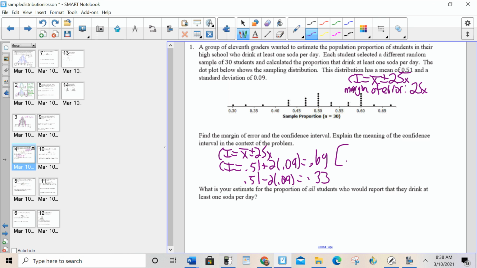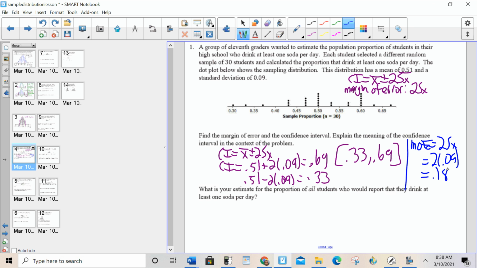So the confidence interval is 0.33 to 0.69. The margin of error is just 2 times the standard deviation, which is 2 times 0.09, which is 0.18.